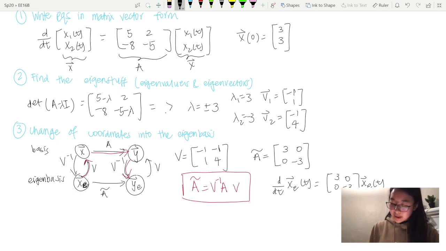We can also rewrite the starting condition. xe of 0 would be the same thing, but now we're going from the regular basis to the eigenbasis, so you would multiply by V inverse with starting conditions of 3, 3. If you use the inverse formula, the shortcut for the 2 by 2, you multiply this out and end up getting -5, 2 as the starting condition in the eigenbasis.